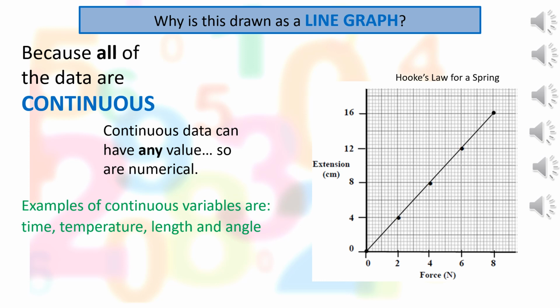Examples of continuous data include time, temperature, etc. Again, if we try the halfway test, for example, does halfway between 4 newtons and 6 newtons mean anything? Yes, it would be 5 newtons, so the data are continuous.